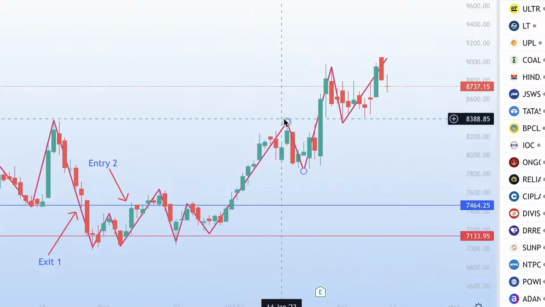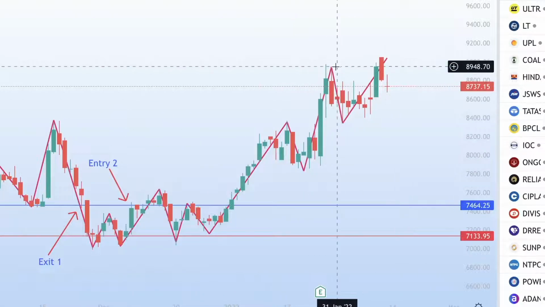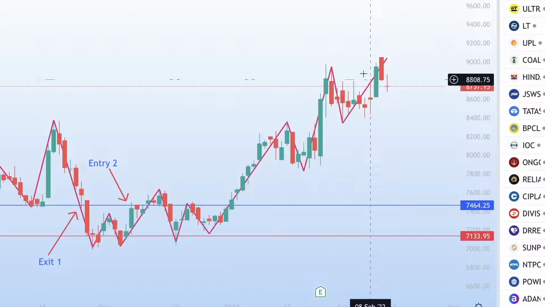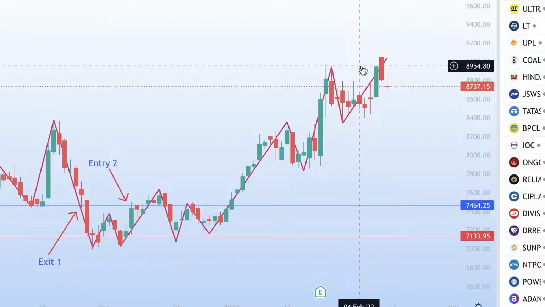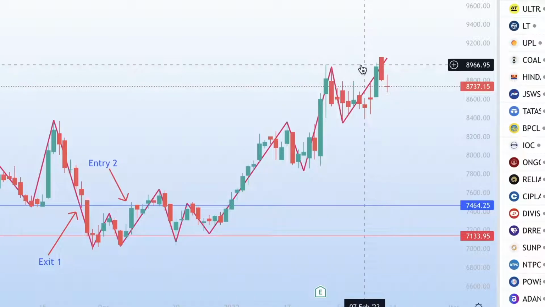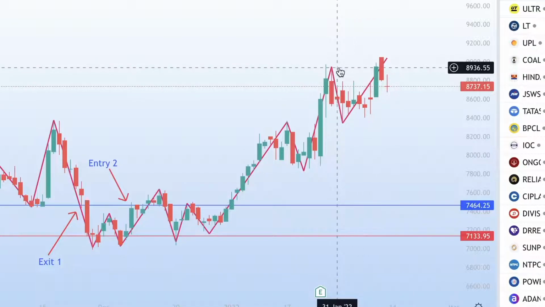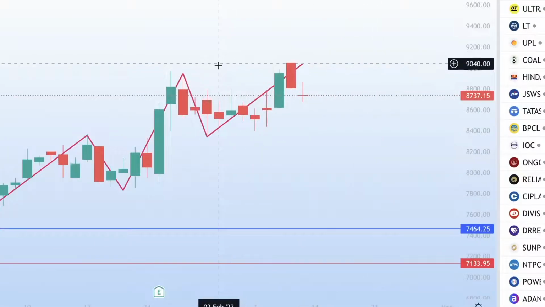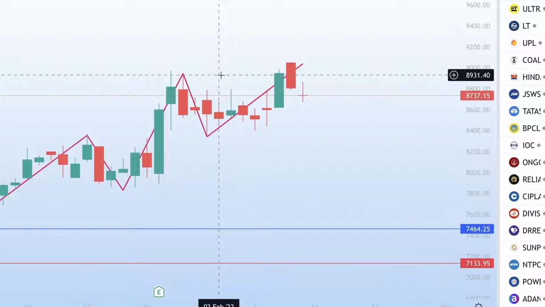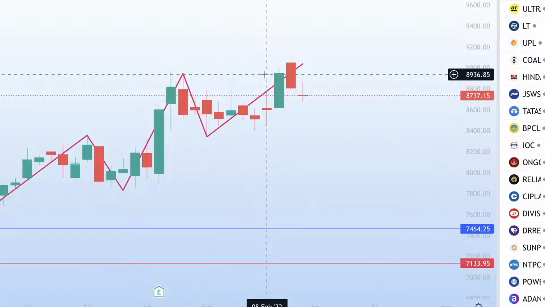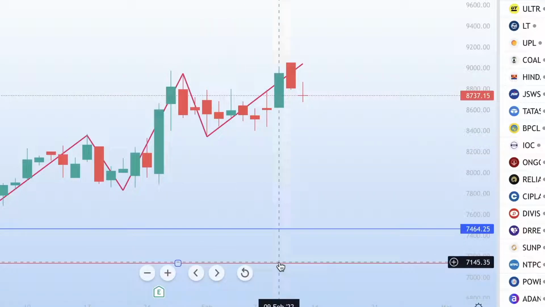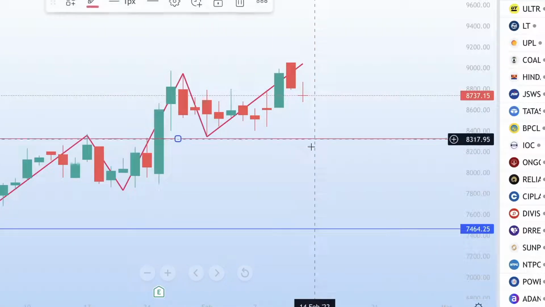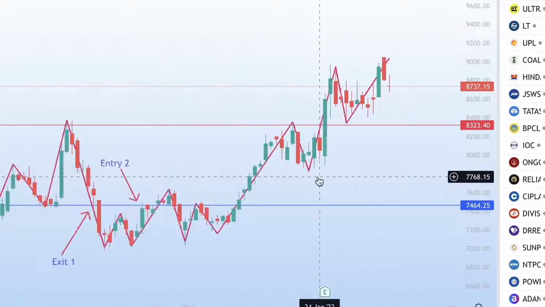And price goes up, does a correction, goes up, does a correction. At this point, we see that price has gone above, but there is no body dominating candlestick above the previous swing high. Or maybe there is. So you can always zoom in and check. This green candlestick closed just above the previous swing high, which is fine. So our stop loss now will be at this point. There is no exit yet.